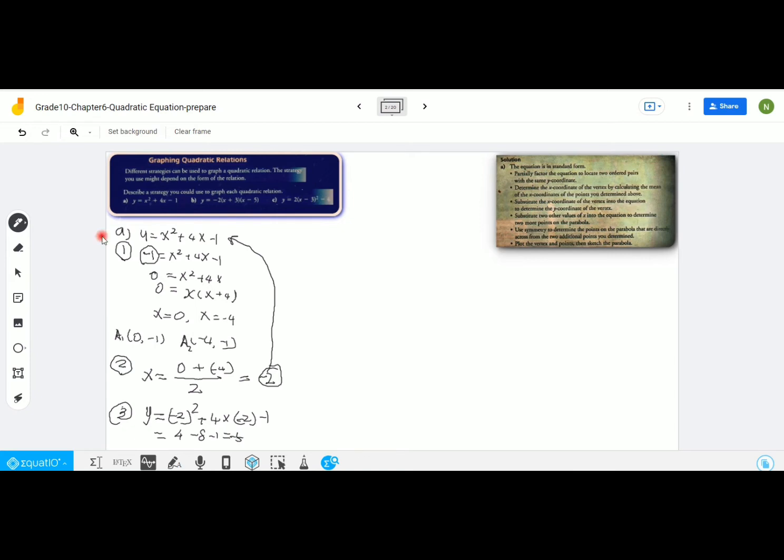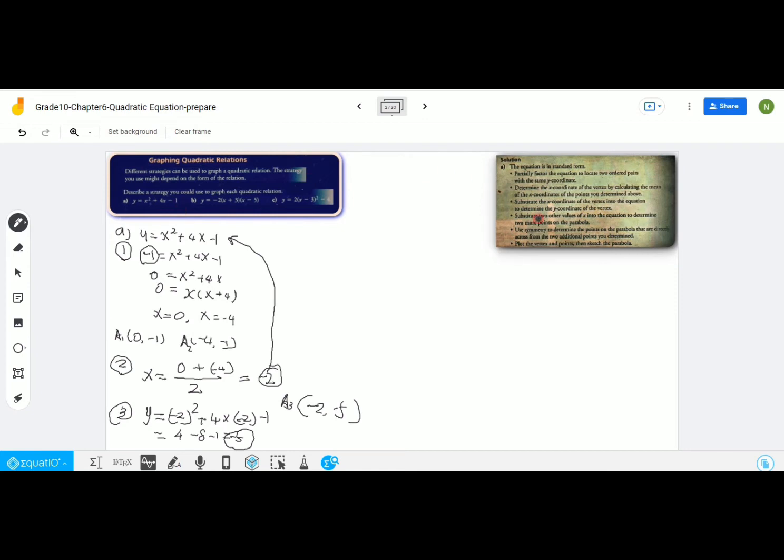So this negative 5 is the y coordinate of the vertex. So we have the x coordinate, we have the y coordinate, so this is the vertex, negative 2, negative 5. This is the vertex on the parabola, so we call this A3. Okay, right now we have 3 points on the parabola.